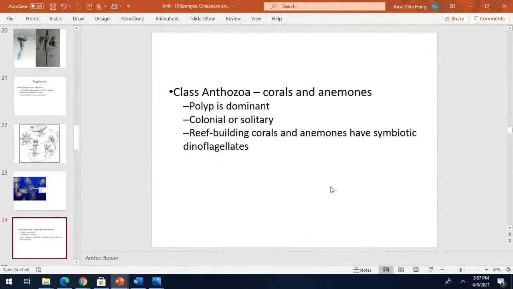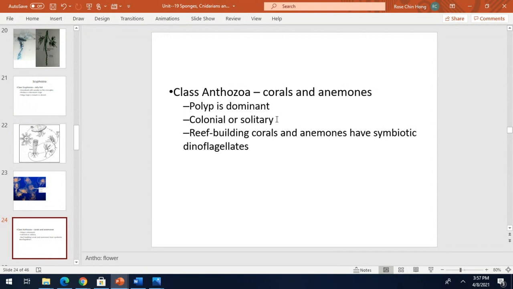All right, so let us go on to the next class, which is called the anthozoans. Anthozoans are the flowering animals. Antho means flower, like anthophyta, flower plants, or plants which are flowers. The anthozoans consist of corals and anemones, and the polyp stage is dominant.